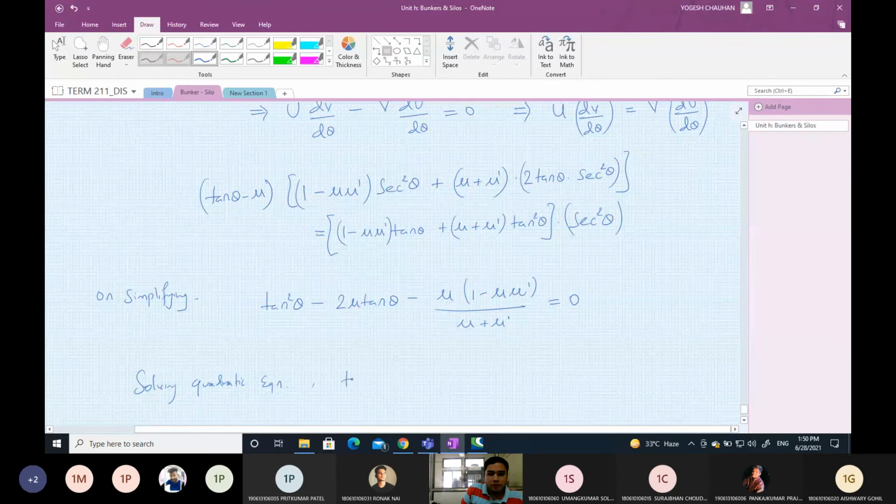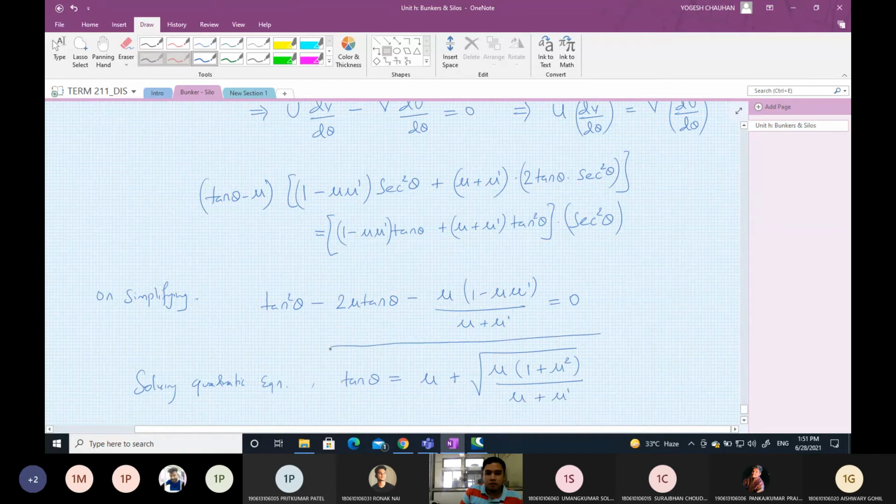We will get tan θ equals μ plus square root of μ into 1 plus μ² divided by μ plus μ'. Okay, so this is the tan θ. Mark this as number 6.